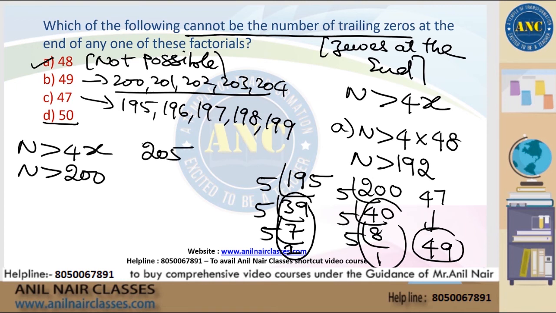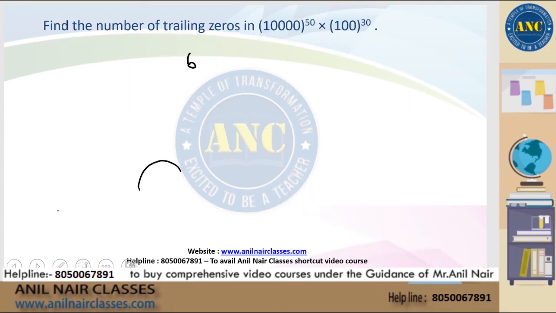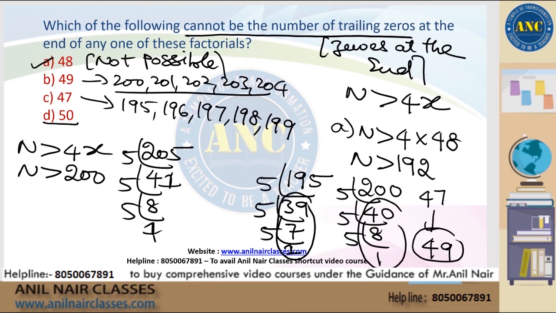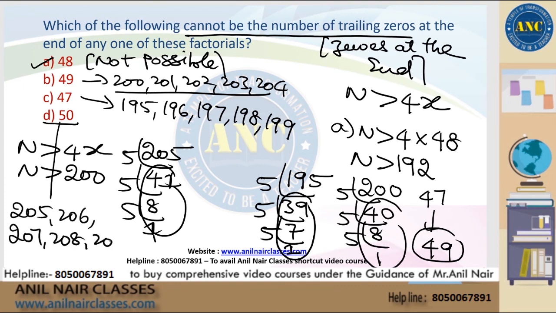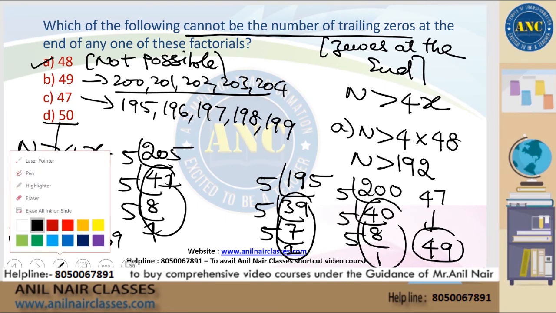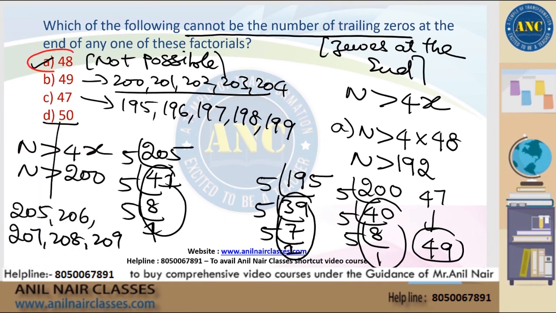If I take the next multiple, 205, 5 41s are, 5 8s are, 5 1s are, 50 also possible. Which numbers? 205, 206, 207, 208, 209. What is the answer for this question? It never ends with 48.